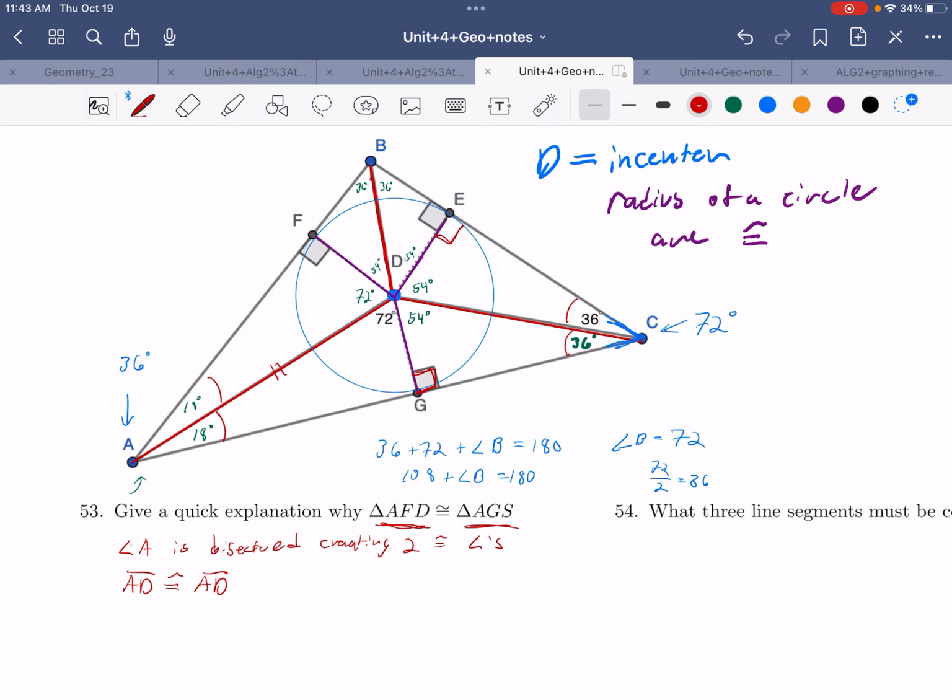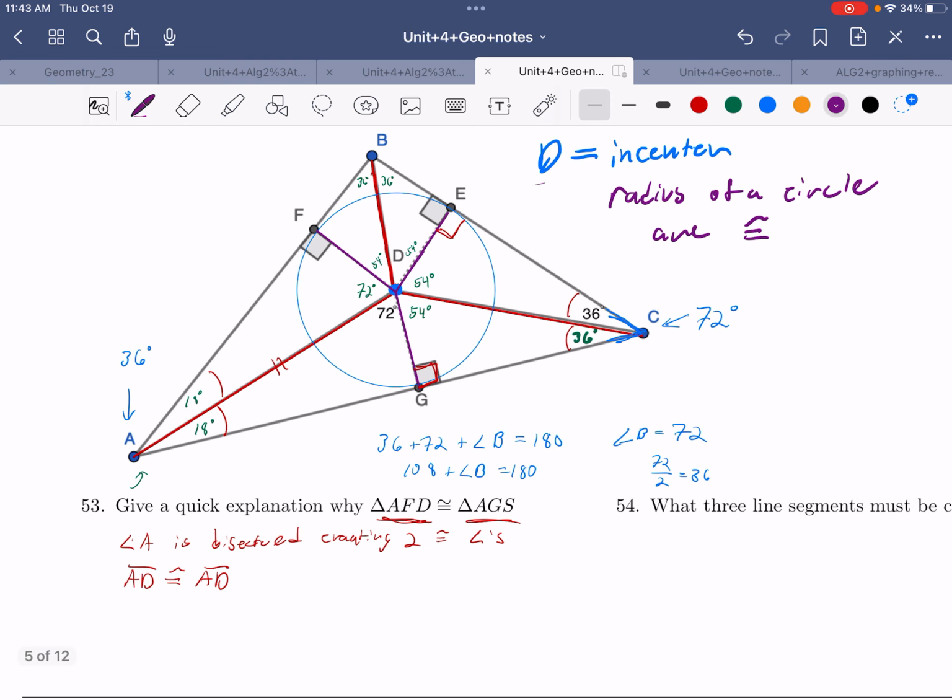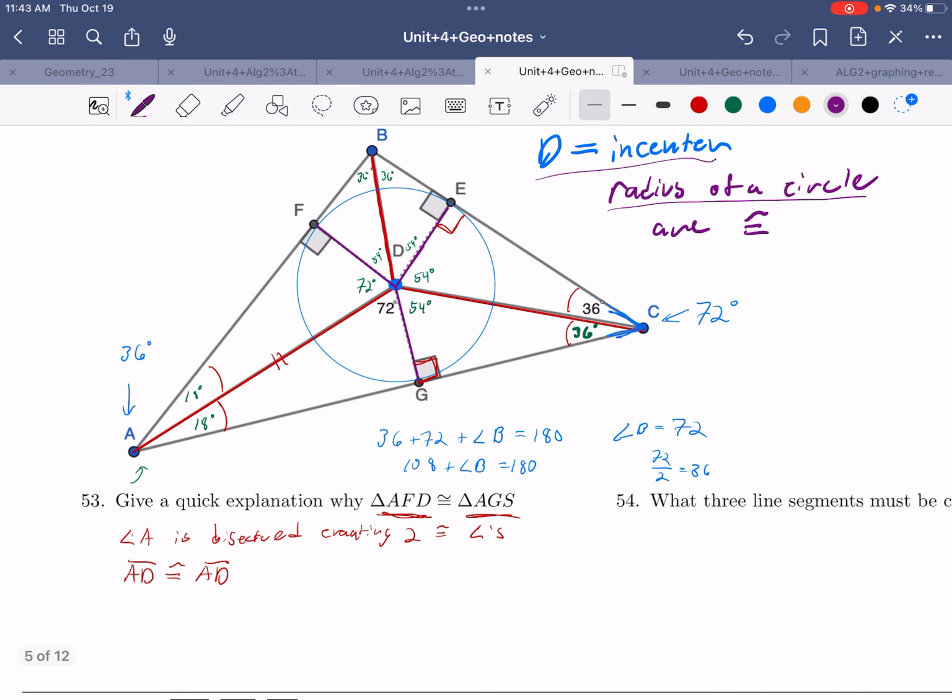And you can then also say, well, since we know D is the incenter, and the radius of a circle are congruent, we actually know that FD is congruent to GD, because two radii of a circle are congruent.